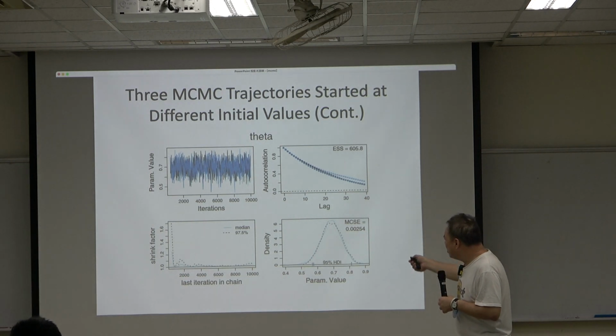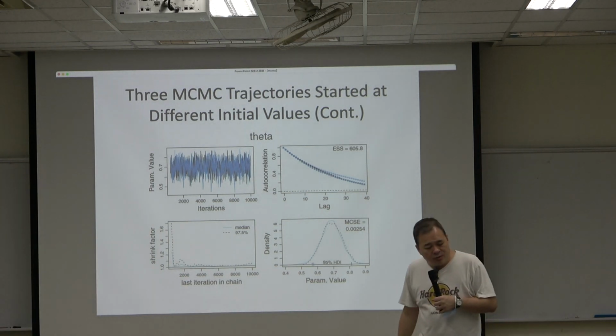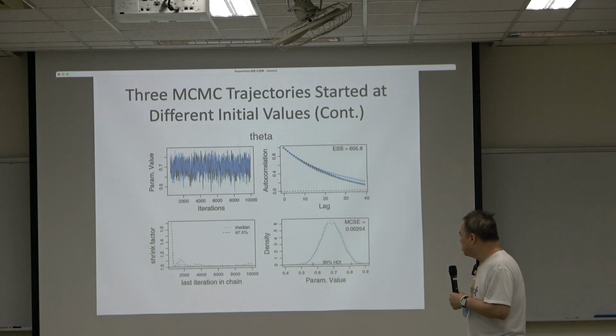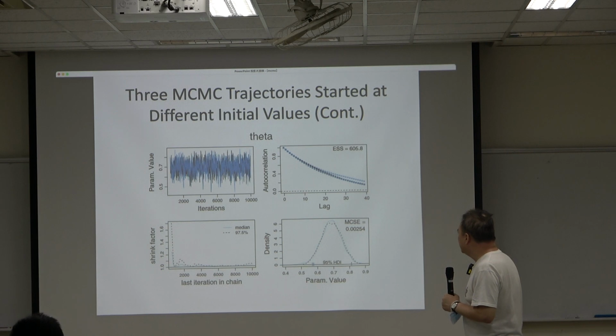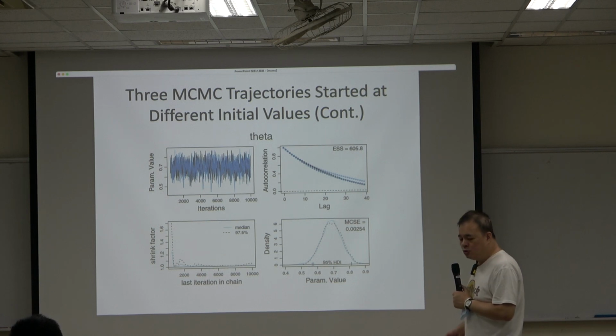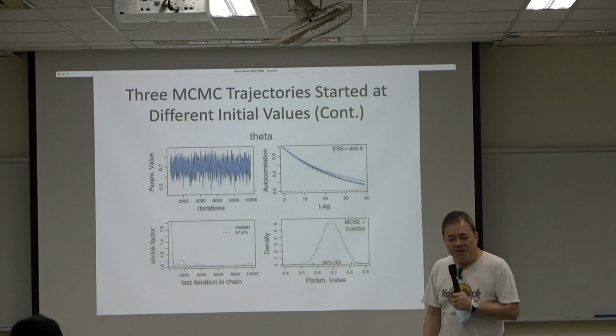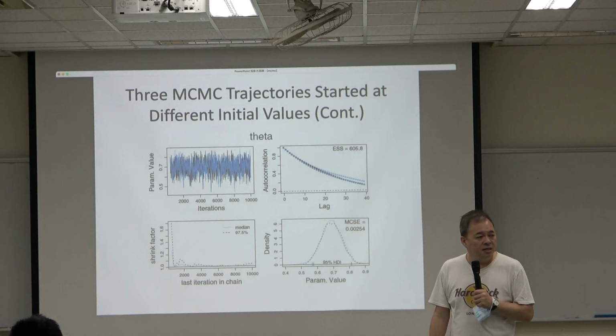But the upper right one, I would like to spend some time to talk about it, because the autocorrelation has something to do with the effective sample size.